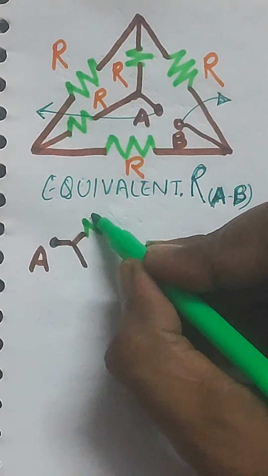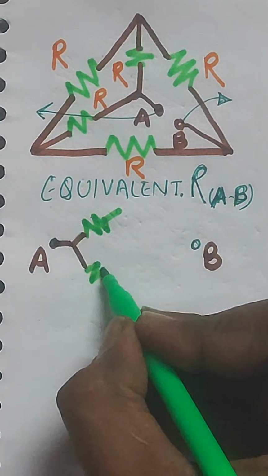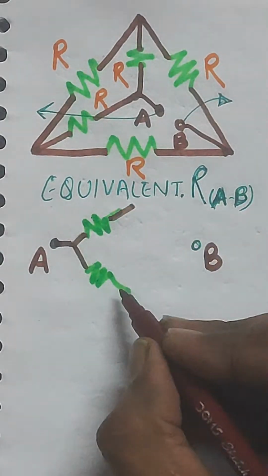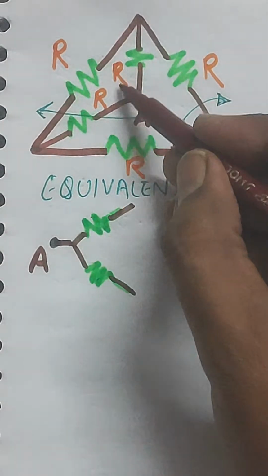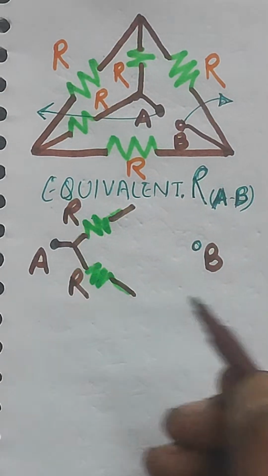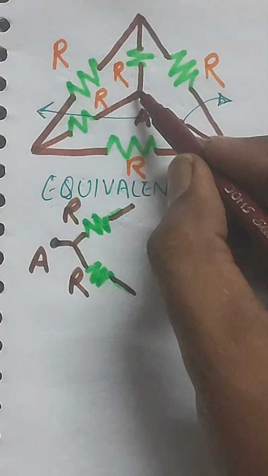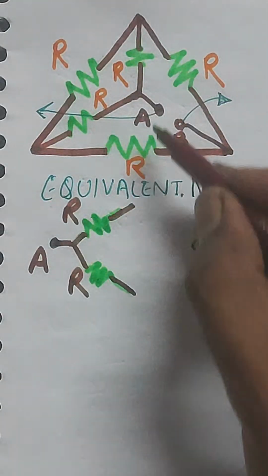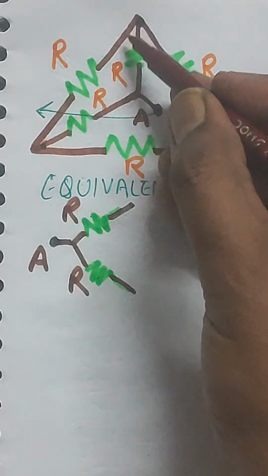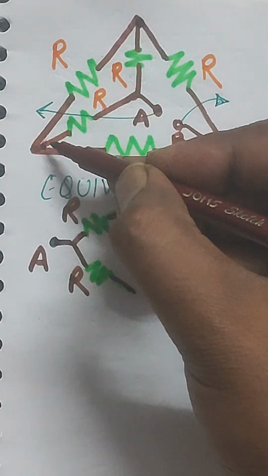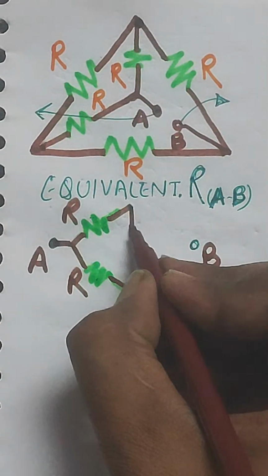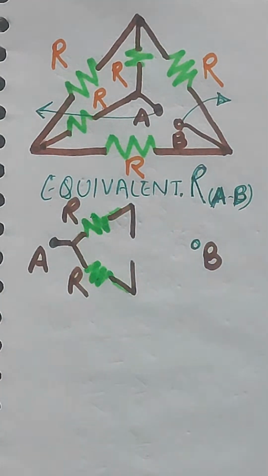You can see one R here, one R here, these two R's, R and R. And apart from this, you can see from the end of these both R's, one single R is in short circuit.